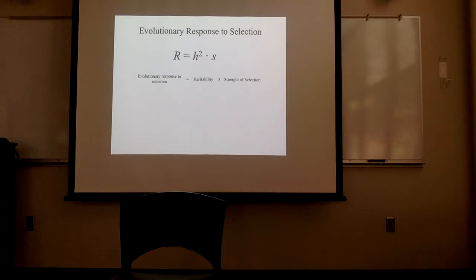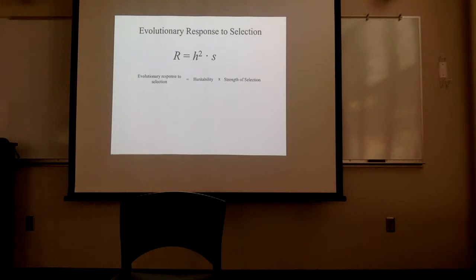That should be 1.82. It's only 2 decimal points. Sorry. 1.82. I'm like, that's way too little change because there's this much selection and heritability is almost 1. This should be close to 2. I wasn't paying attention to the number of decimals. So you should expect 2 centimeters of change in the parents to result in 1.82 centimeters of change in the next generation. And that's because heritability is really pretty high in this case.